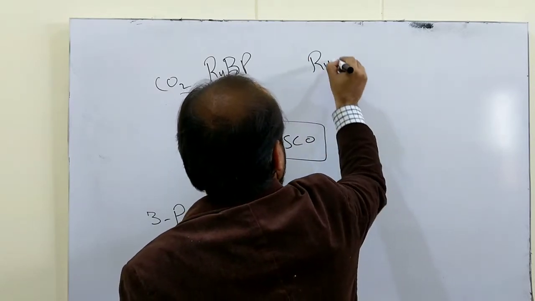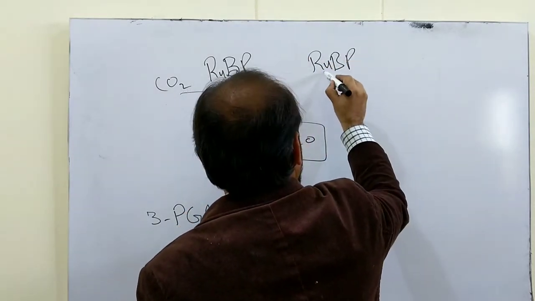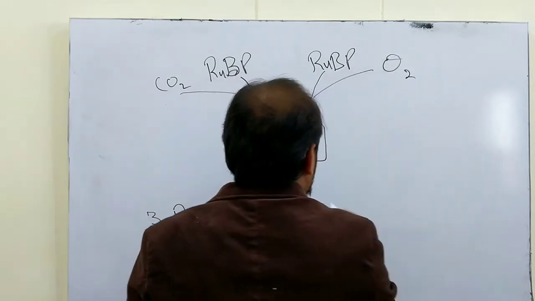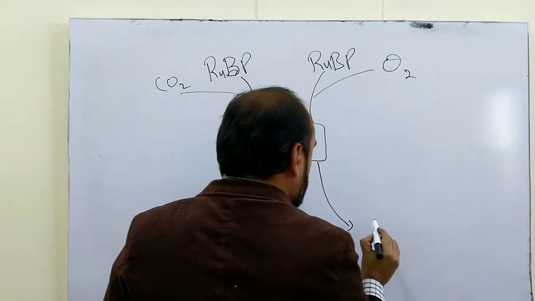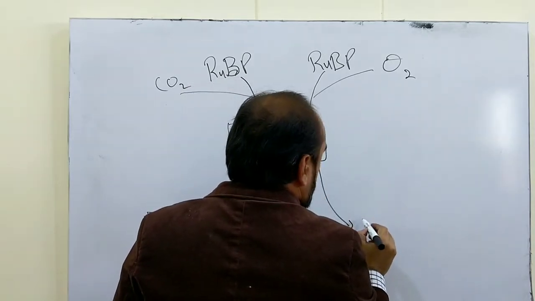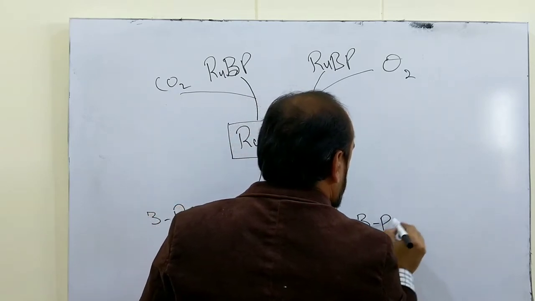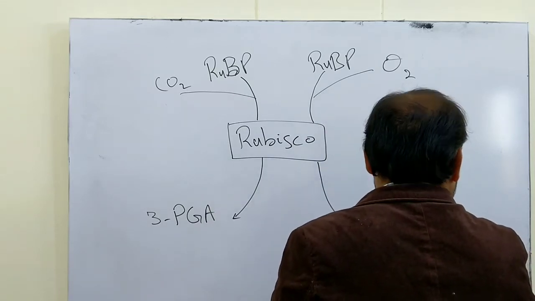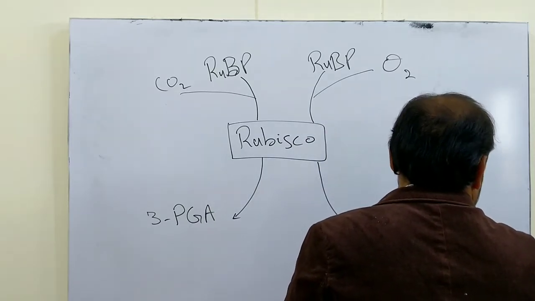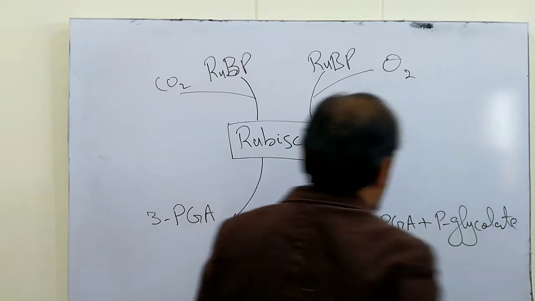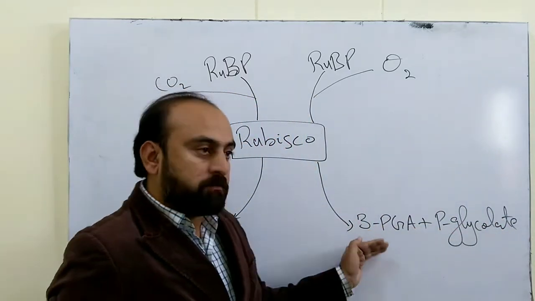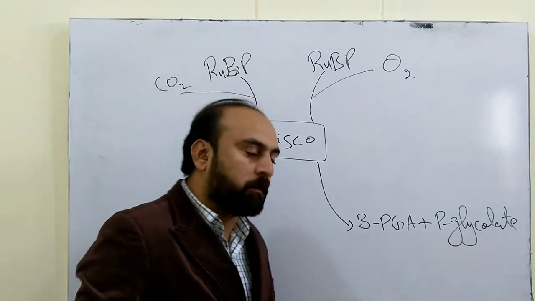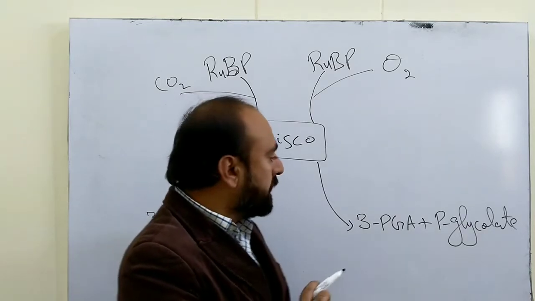But when it acts as oxygenase, fixing oxygen instead of carbon dioxide, it gives one molecule of 3-PGA and one molecule of phosphoglycolate. The production of 3-PGA happens in the normal photosynthetic carbon reduction cycle.